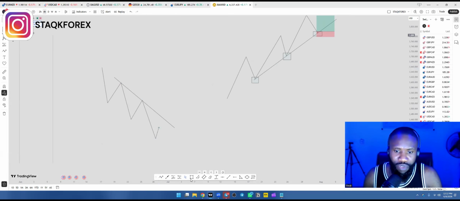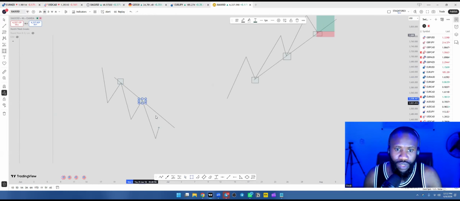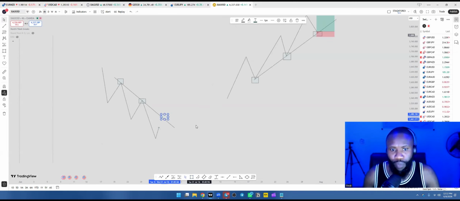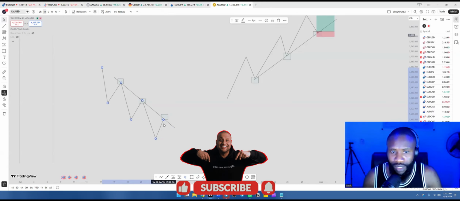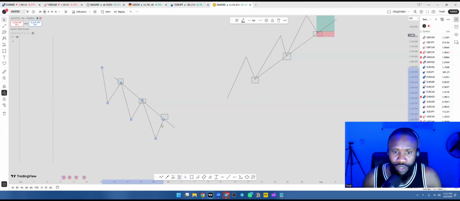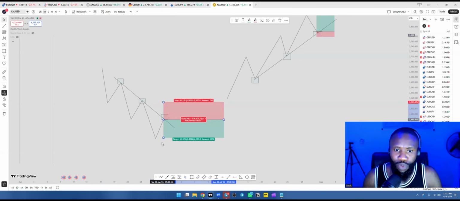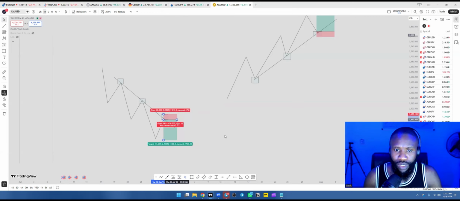So now we have touch 1 here, touch 2, and we are waiting for touch 3 to come into play. Once price moves into this level, you'll be looking out to place a sell trade with your confluence and your confirmation. Then your stop loss would be above the trend line, while your take profit will be the next support level.